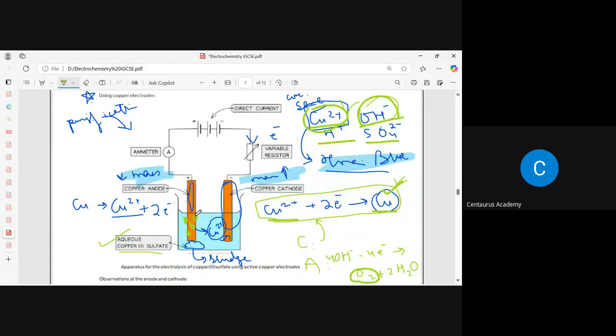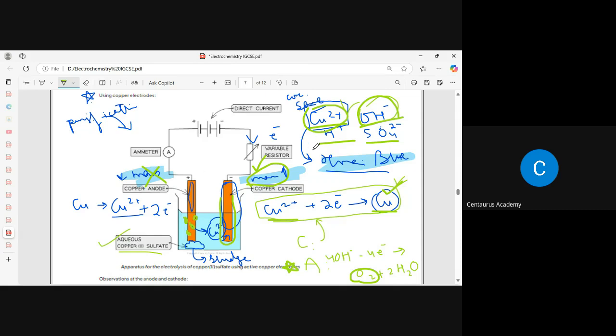And the copper is again being deposited onto the cathode. Hence, the mass of the copper cathode again increases. But there is no decrease in mass at the anode since it is not dissolving. The reaction is completely different now. You have oxygen gas being produced at the anode, so the mass of the anode does not decrease.